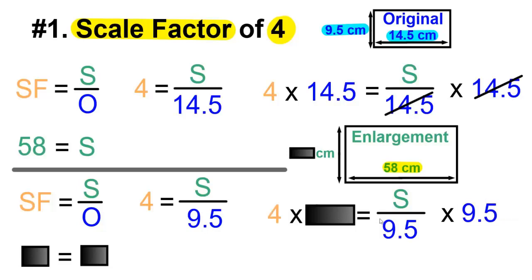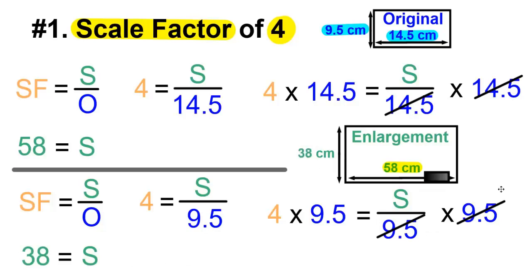If we multiply the right-hand side by 9.5, we multiply the left-hand side by 9.5 as well. Divide by 9.5 and multiply by 9.5 cancel, leaving us with s. And 4 times 9.5 gives us a value of 38. So the enlargement on the short side will be 38 centimeters.